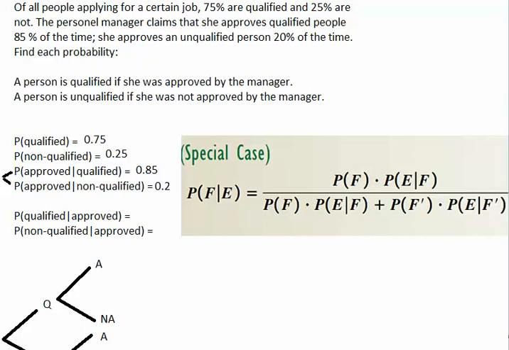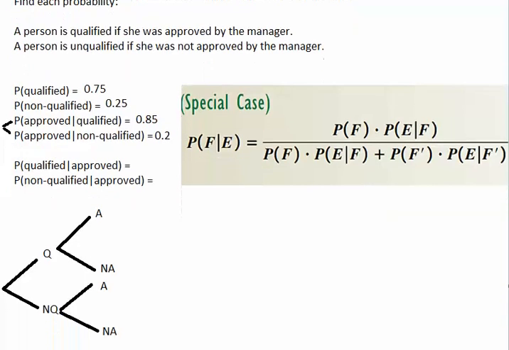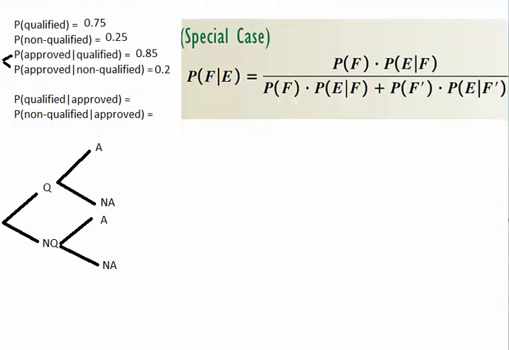The first thing that we need to do is to set up a binary tree. Always on the first level of the binary tree, we are putting the probabilities for the event that we are looking for. Not the given event, but the event that comes first in the conditional probability.